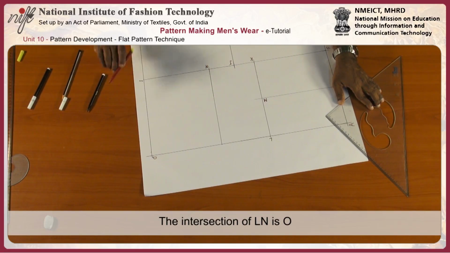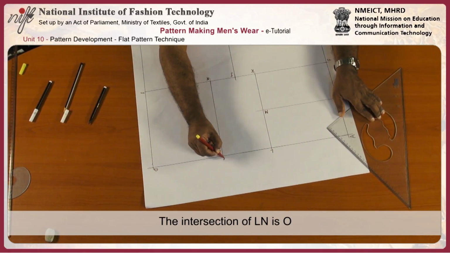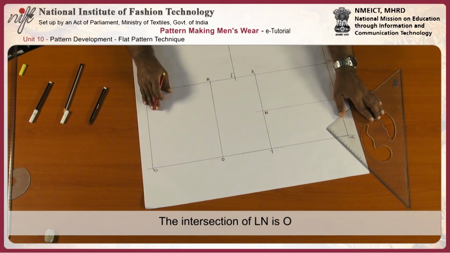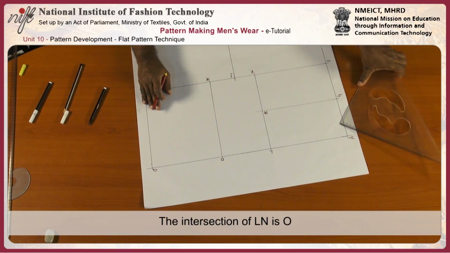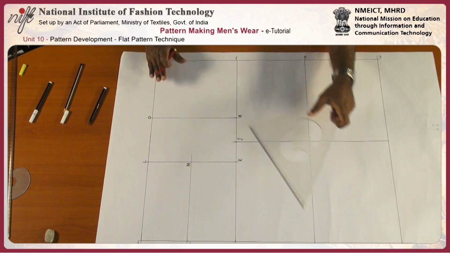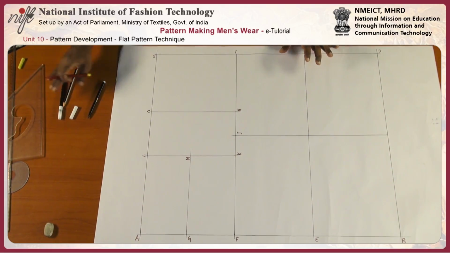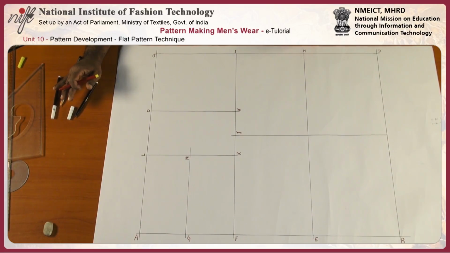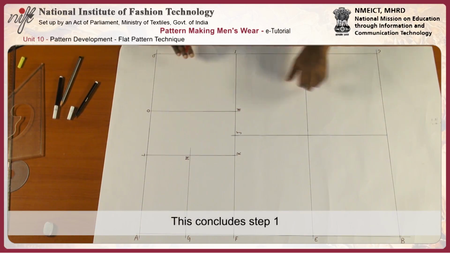Then the intersection will be O. With this, step 1 concludes.